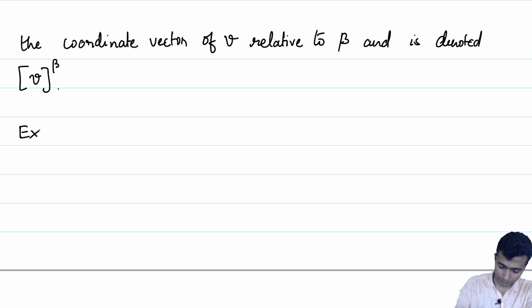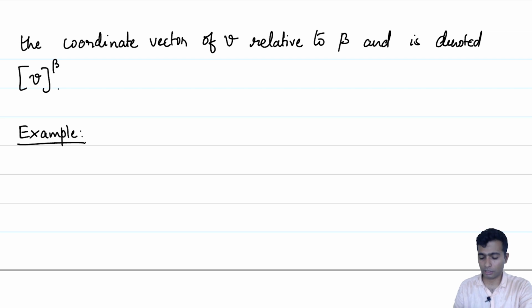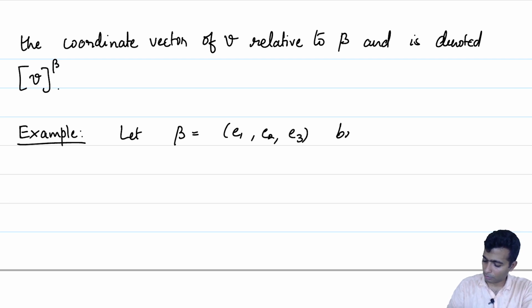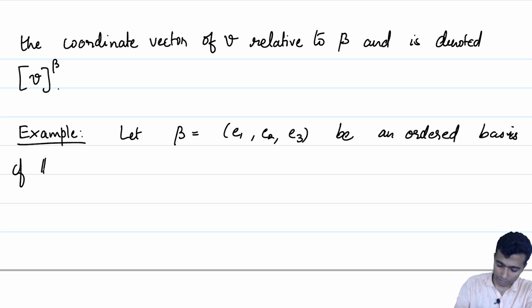Example. Again, let us go back to the example we have been considering. Let beta be equal to E1, E2, E3, the standard basis, an ordered basis of R3.